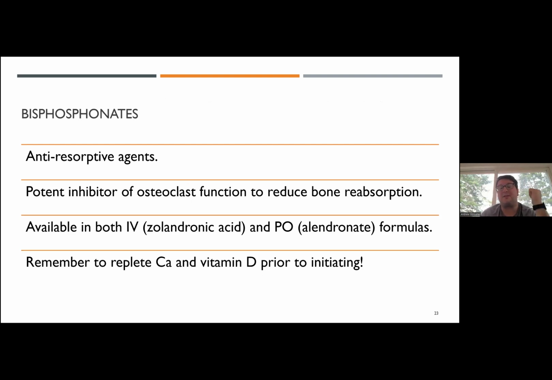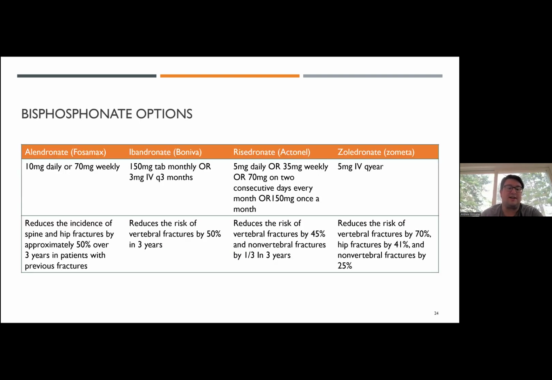Bisphosphonates are available in both IV and PO formulations. And remember, replete the calcium and replete the vitamin D before starting these medications. Those medications being alendronate, an oral form of bisphosphonate. We have Boniva, ibandronate.